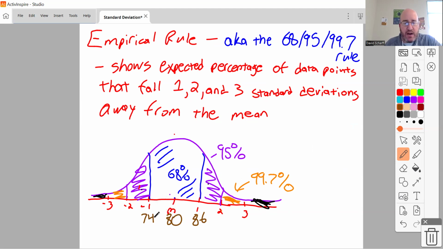So in that range, 74 to 86, we would expect to find 68% of our data points. In this case, they're test scores. In a class of 25, that means we would expect to find 17 of the 25 dots from 74 to 86.